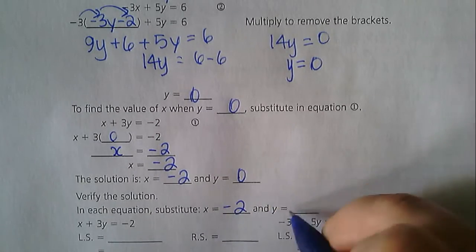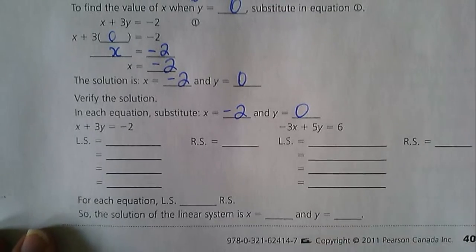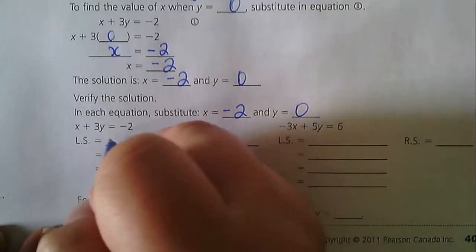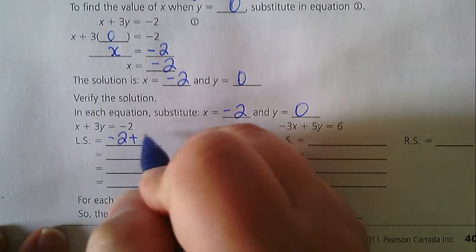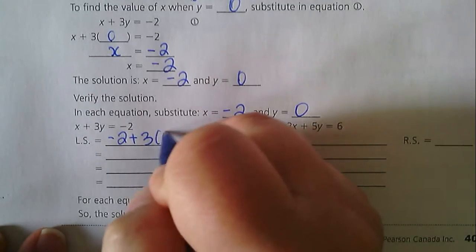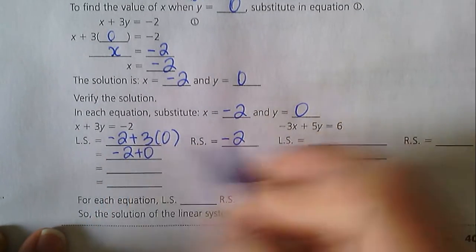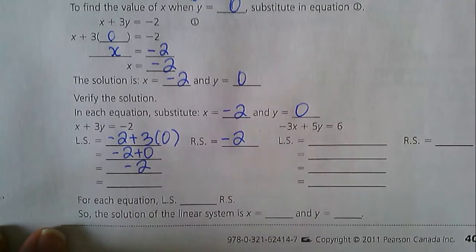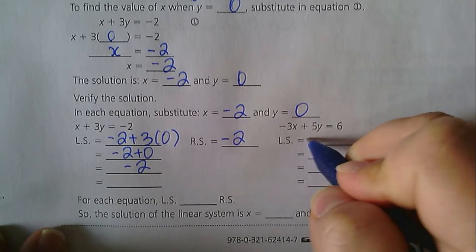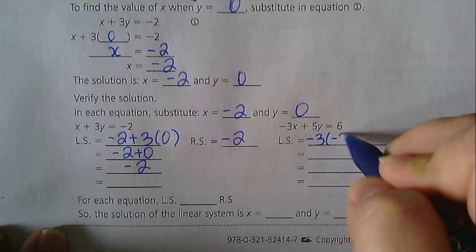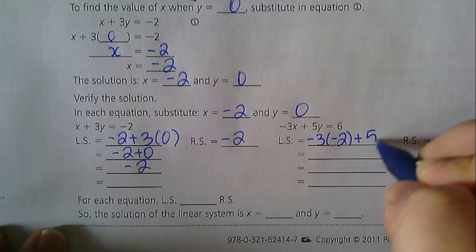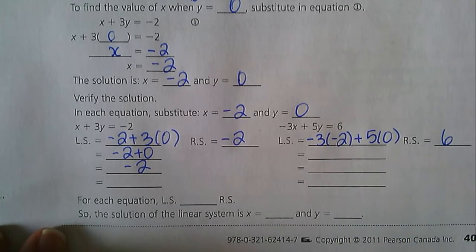Let's make sure those values work in both of my linear equations. So I have -2 plus 3 times 0 equals -2. -2 plus 0 equals -2. So -2 equals -2. On the other side, -3 times -2 plus 5 times 0 equals 6.